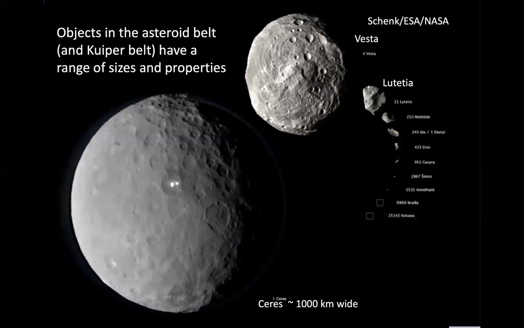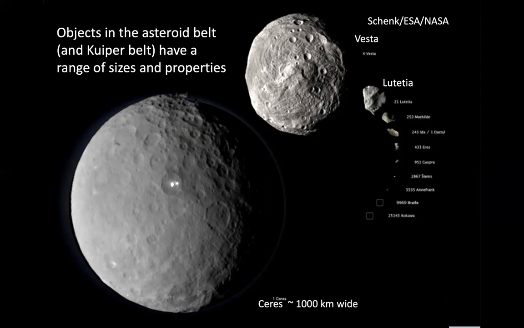And this allows for a variety of different objects to exist in this region. Now, we've actually encountered a fair number of them with spacecraft that were on their way to other things or dedicated to studying these objects.